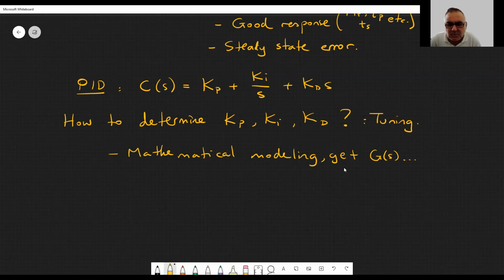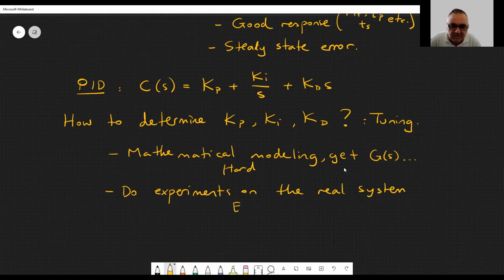This is sort of hard to do, and not very reliable. The second possibility is, if you have the real system at hand, do experiments on the real system.